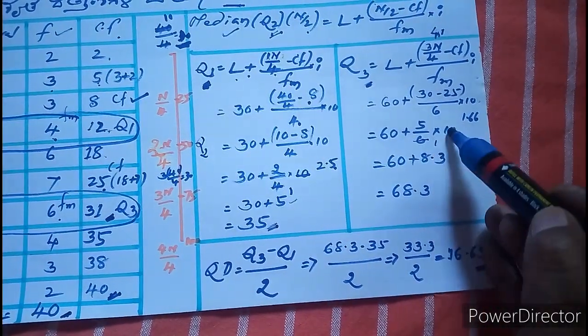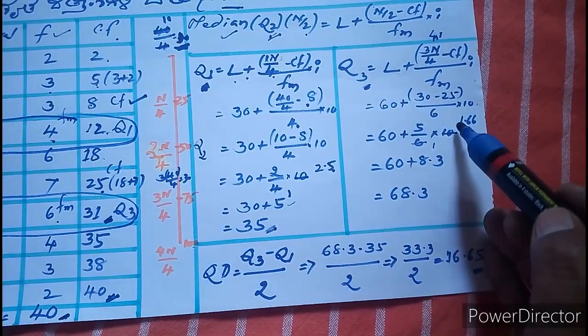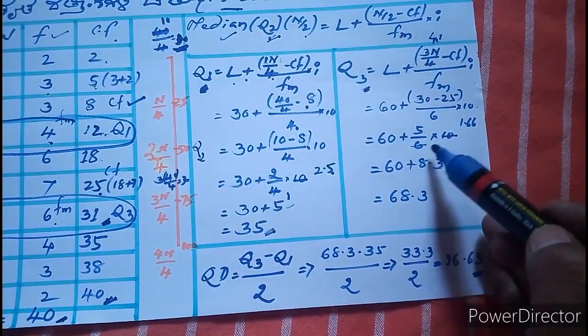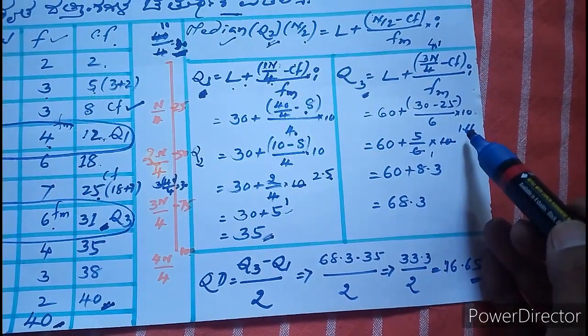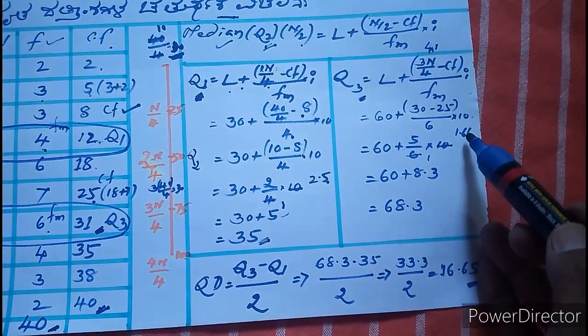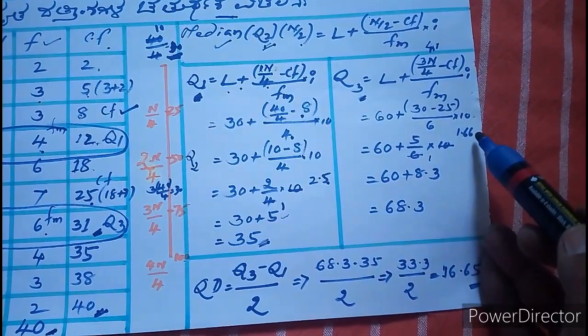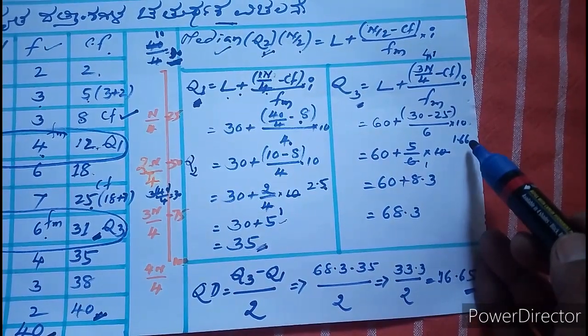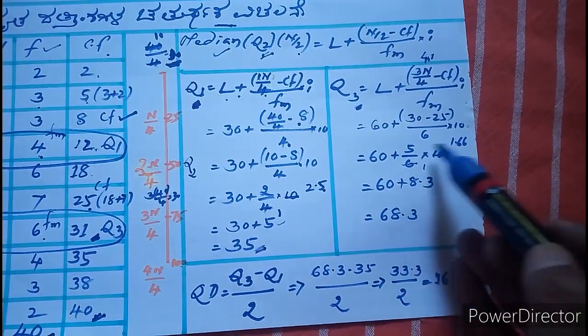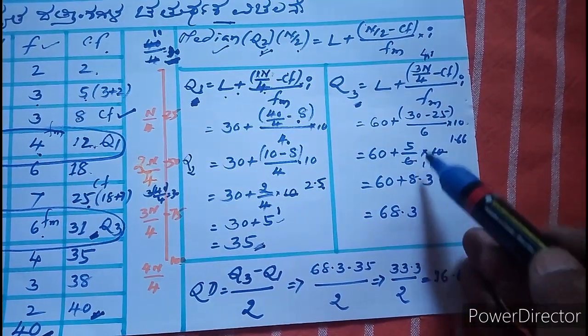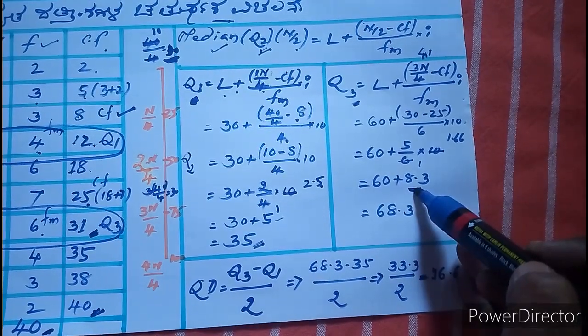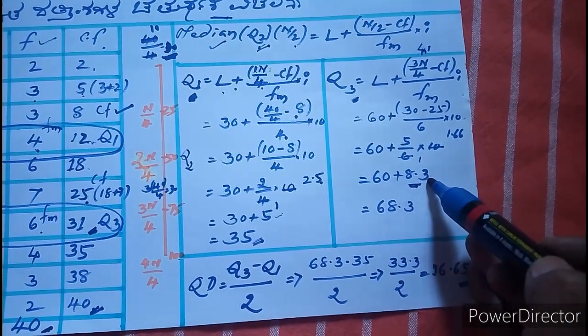Then 5 divided by 6 is 0.83. Then multiply this 0.83 into 10 is 8.3. So 60 plus 8.3 is 68.3.